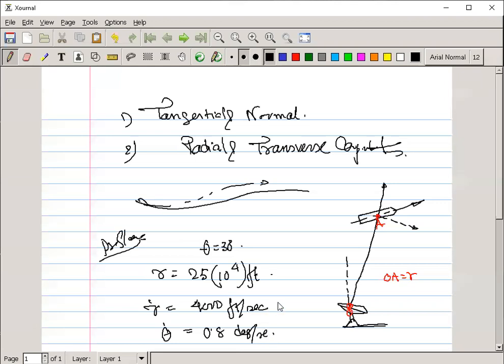Here another thing is there, this angle is beta.